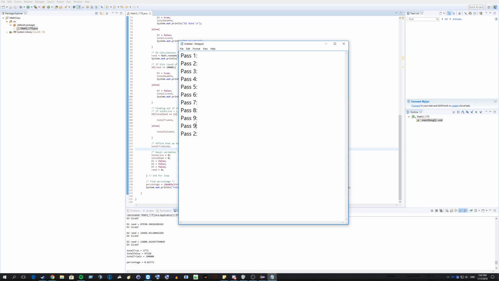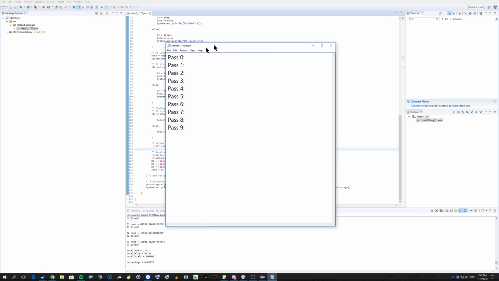Or well, let's say 9. And then we'll make a pass 0 at the beginning just because it looks a little neater. All right, I'm going to write all these down once we go through them.